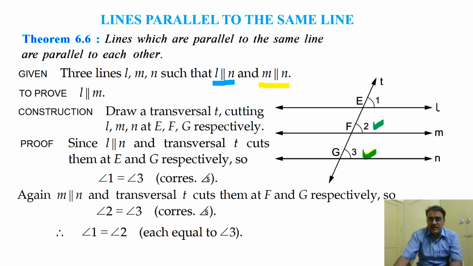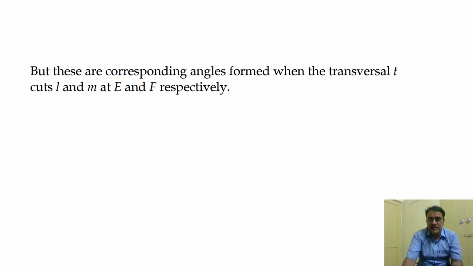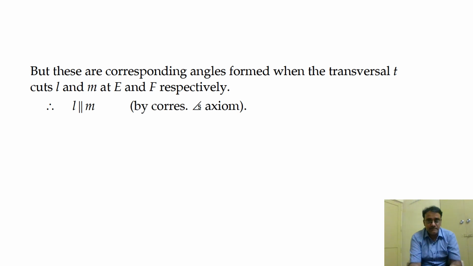Angle 1 and angle 2 are the corresponding angles for these two lines, L and M. So what we write, but these are corresponding angles formed when the transversal T cuts L and M at E and F respectively. So therefore L is parallel to M by corresponding angles axiom. So ये हो गया हम लोग का theorem, right? Now I am going to do some examples.